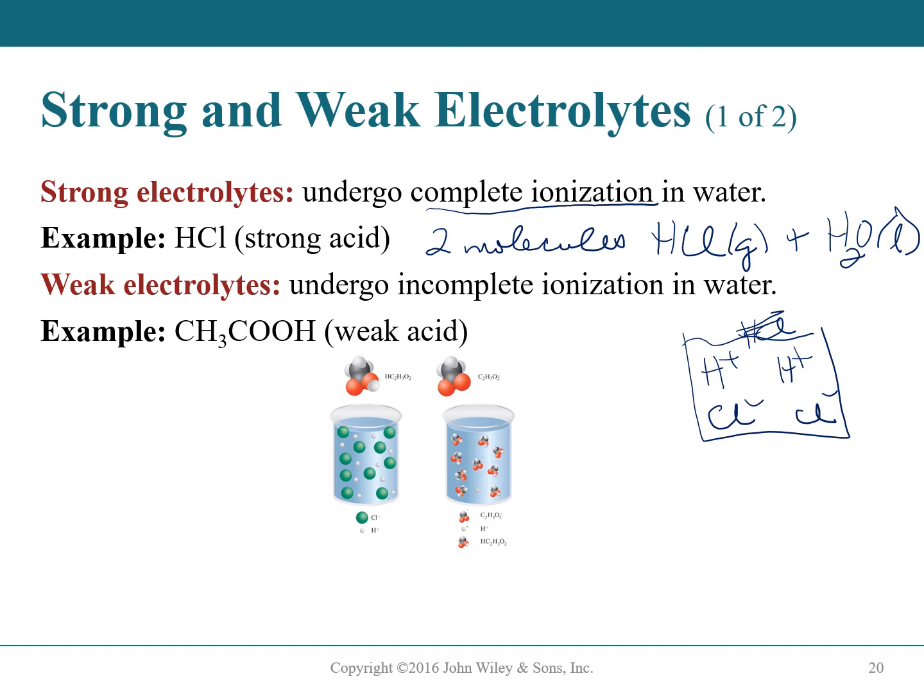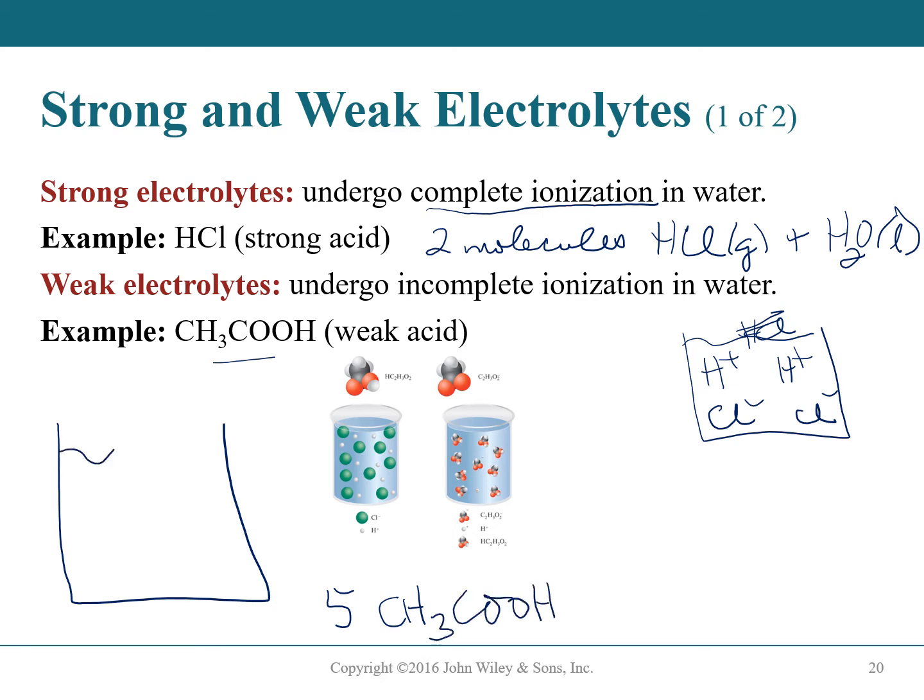When I have a weak electrolyte, let's say like acetic acid, and I put in, let's say, 5 molecules of acetic acid, then what you may see is 1 will dissociate, so I have my acetate, but the remainder stay as acetic acid in the molecular form.